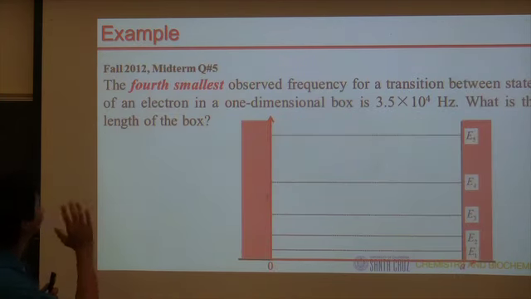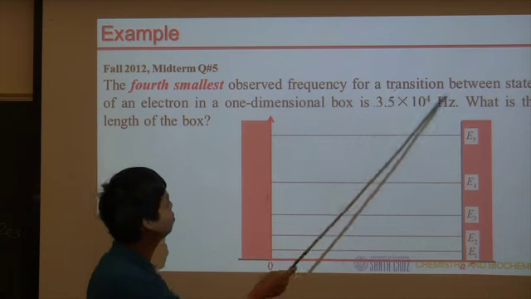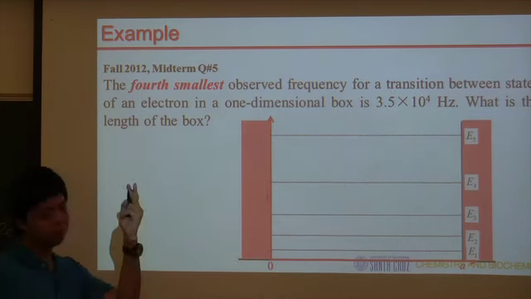Another problem, which is a real question from 3 years ago from the midterm. Question 5. I will not ask you to solve the whole question, but can you tell me the quantum numbers for this transition? The fourth smallest observed frequency for a transition. Because we're talking about a transition, it involves 2 quantum numbers.